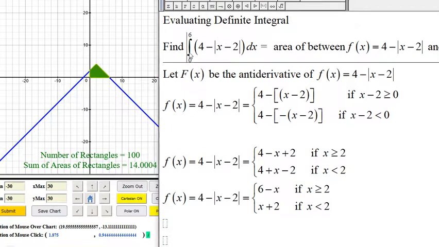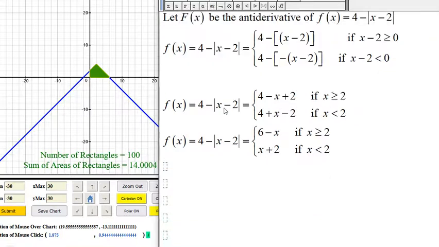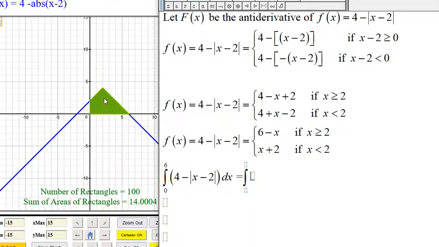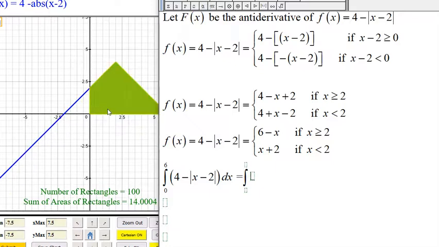Now we'll set this up with two separate integrals. The first piece, 6 minus x, is for x greater than or equal to 2, and the second, x plus 2, is for x less than 2. Let's go from left to right.